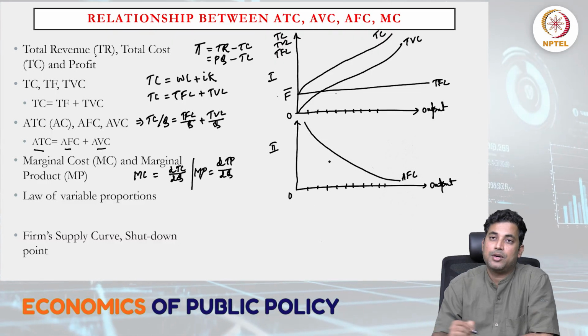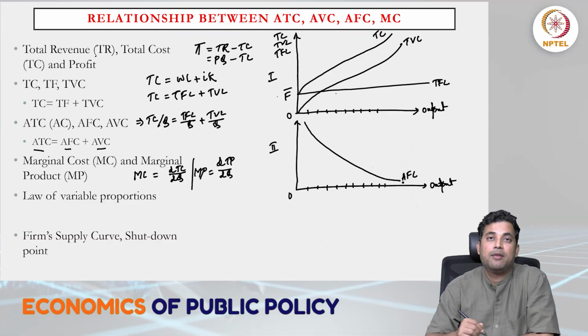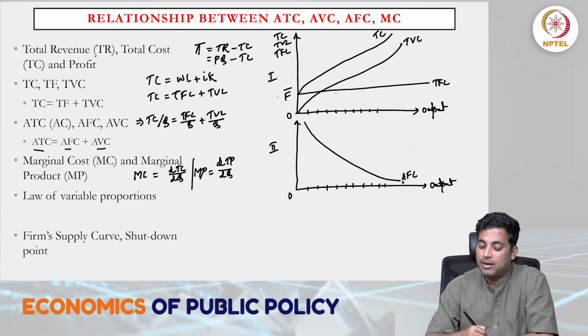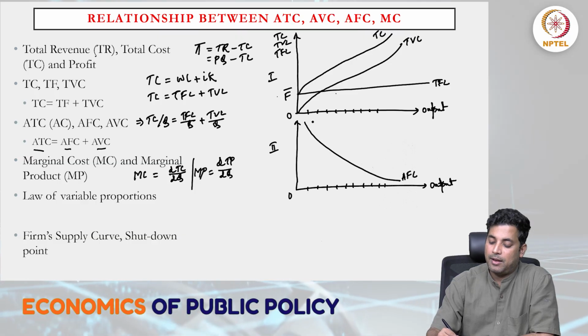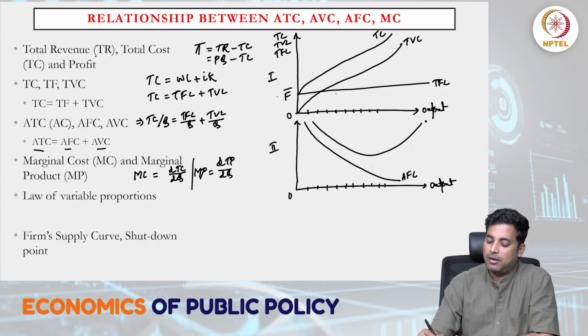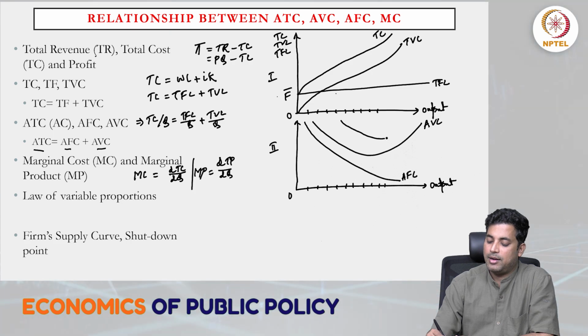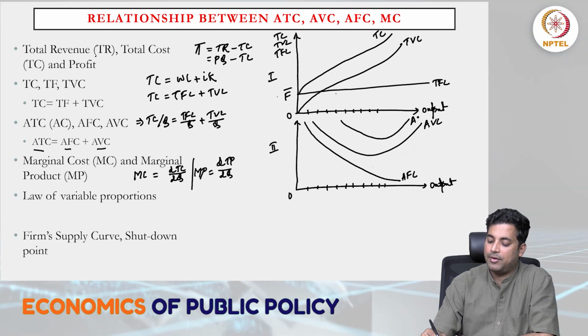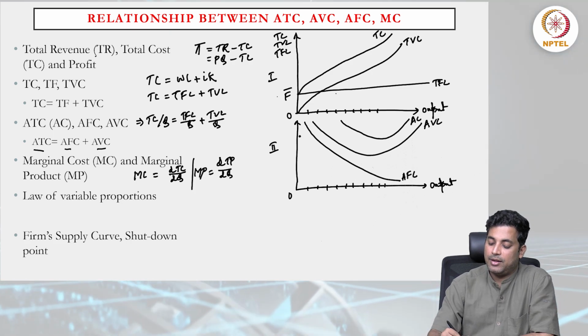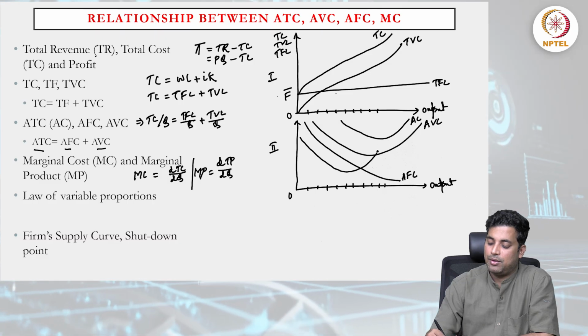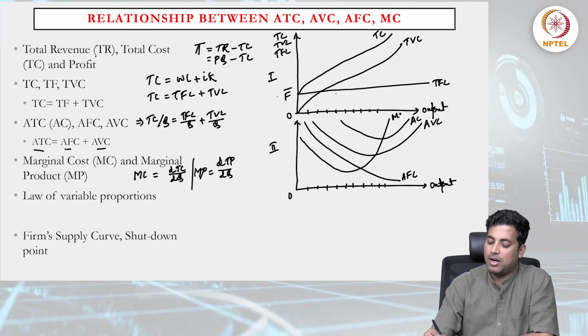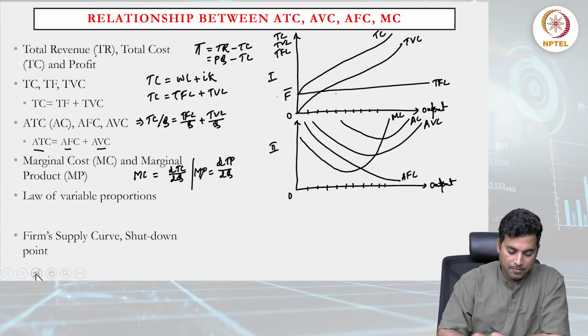So it is downward sloping, but it will never be 0; it is asymptotic. And here is the average variable cost, and here the average cost, and as we know, this is the marginal cost.